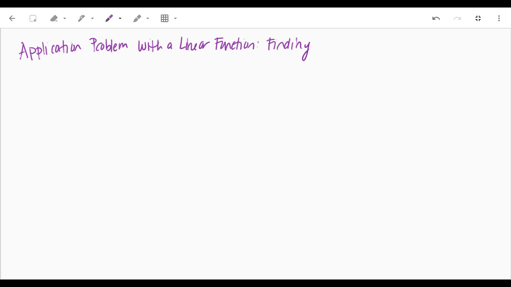We have an application problem with a linear function, finding a coordinate given 2 points.